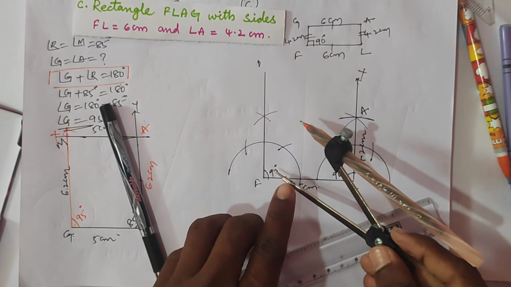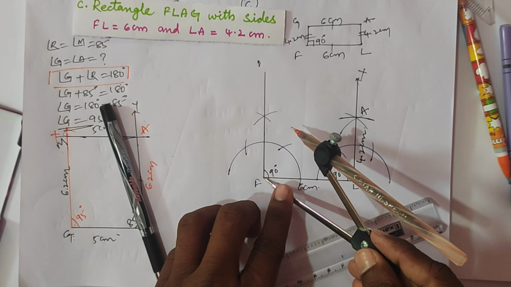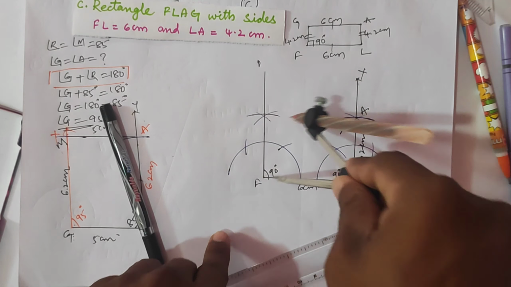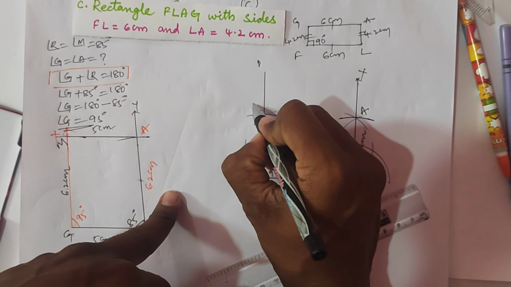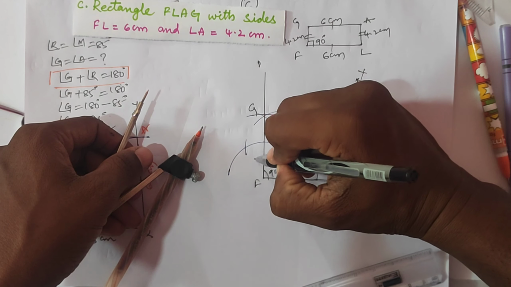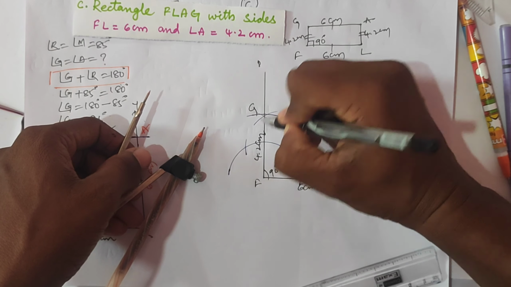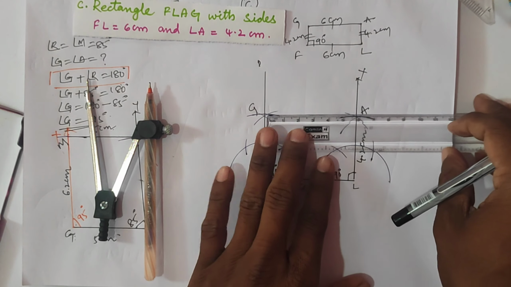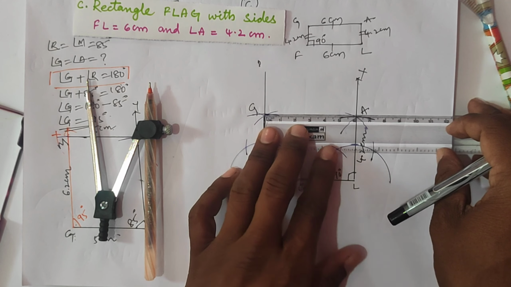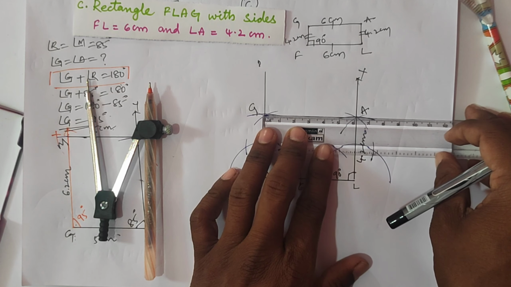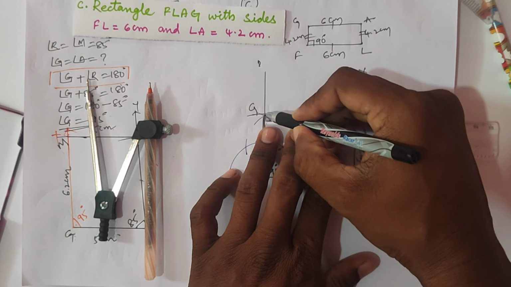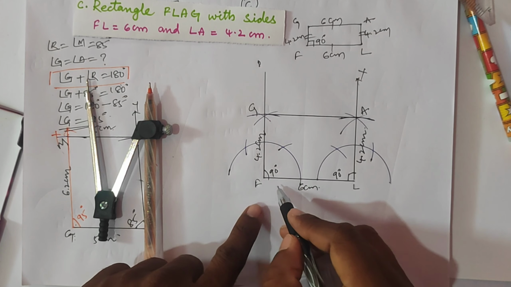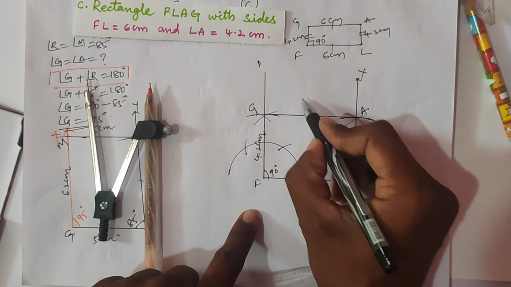Again with the same radius from F to G, I am cutting this ray FP. We got an intersecting point. This is G. So this measure is 4.2 centimeters. Simply join from A to G. You will get the required quadrilateral, rectangle FLAG. This measure is 6 centimeters.